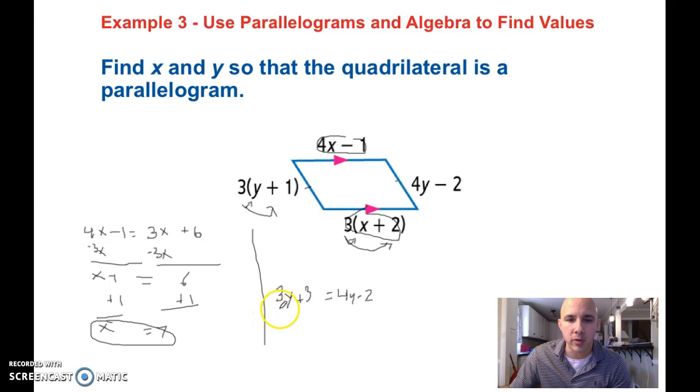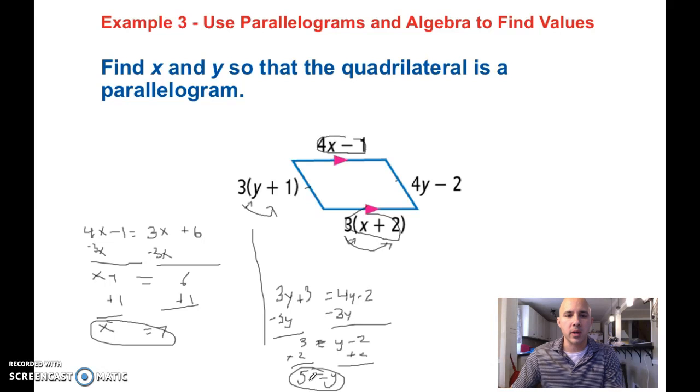Move the 3y over. And let's go ahead, minus 2. This is an equal sign, not a plus. And I'm going to add 2 to both sides. So there goes my 2 answers for x and y.